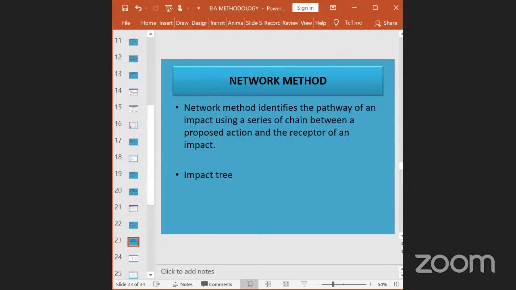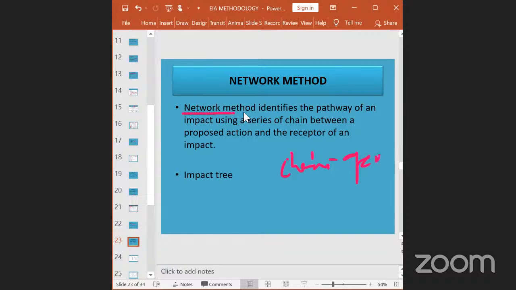And next one is the network method. Network methods start with a list of project activities or actions, and then generate cause-condition-effect networks, that is, chains of events, right?